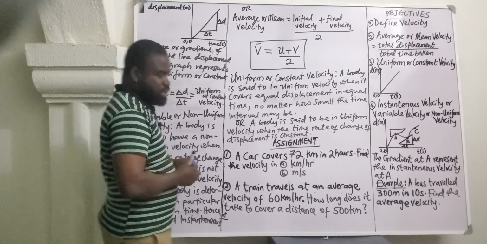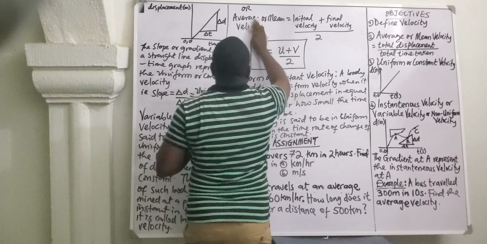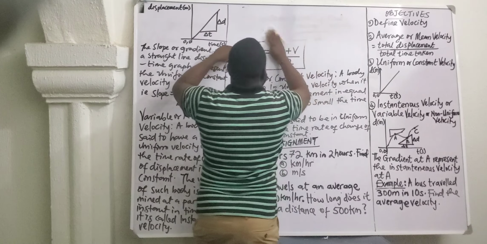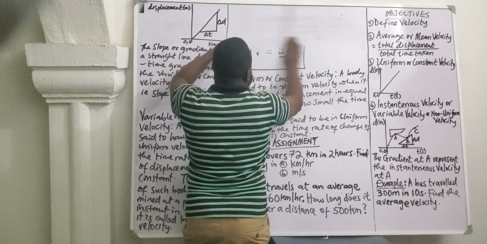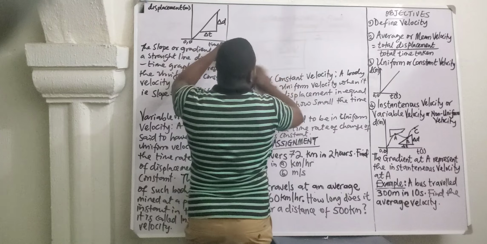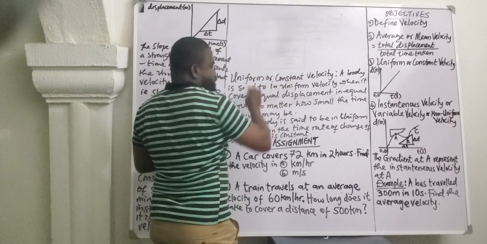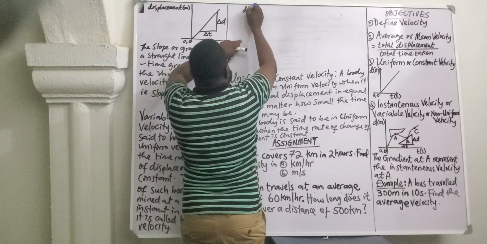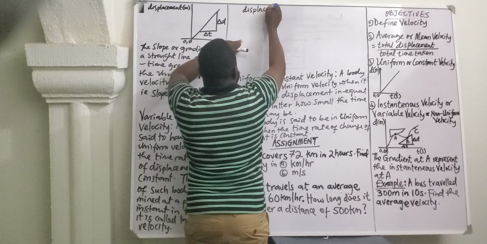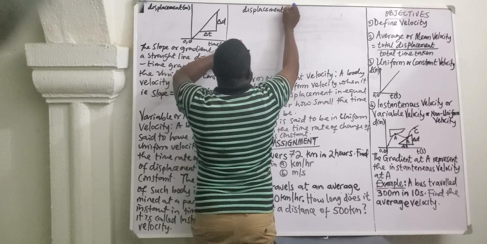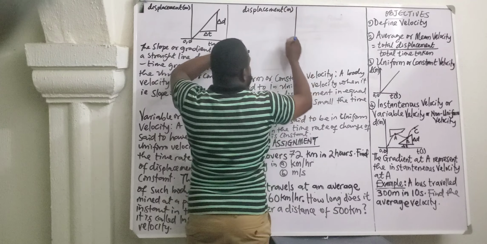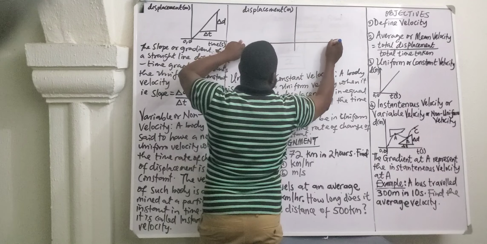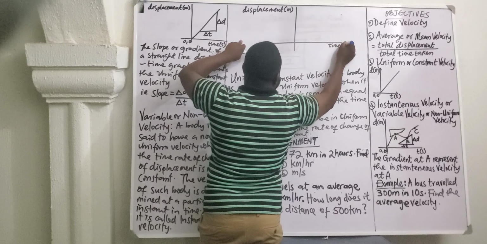Good. And the displacement time graph showing this variable, non-uniform, instantaneous velocity is represented as follows. I will now have displacement, once again, you will put the unit, on the vertical against time on the horizontal.